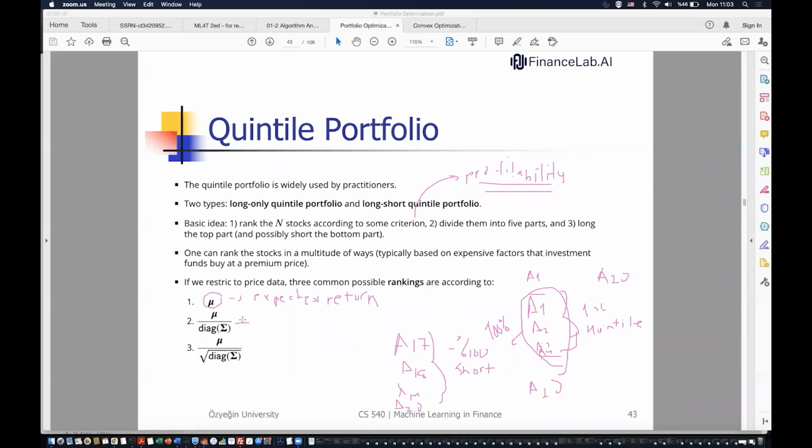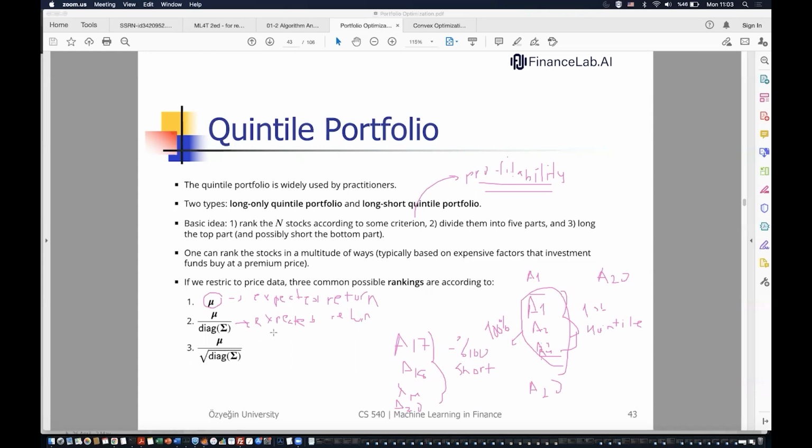Another will be, instead of just the expected return, we divide it by the expected volatility as well. So expected variance, so covariance. Expected return divided by expected covariance, which is the risk of the stock.